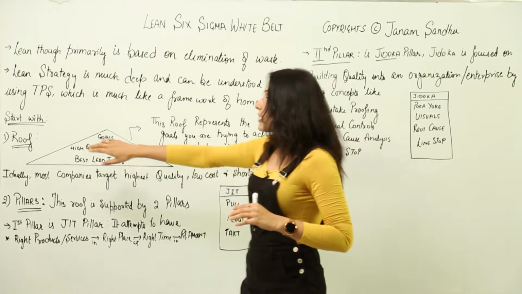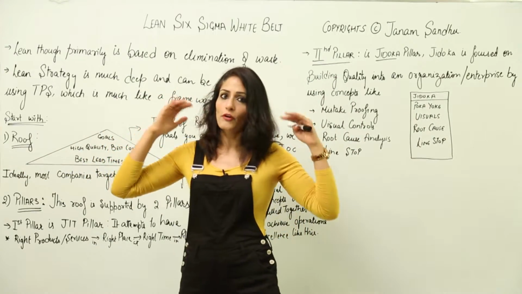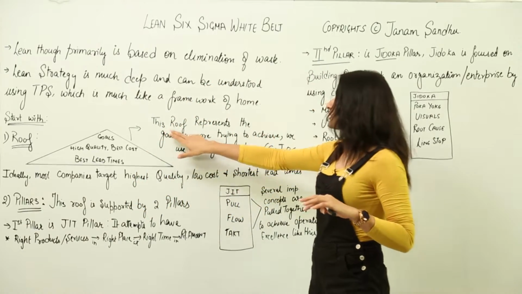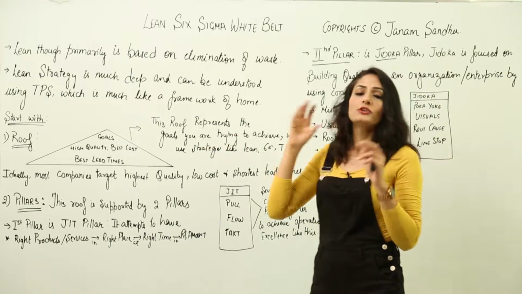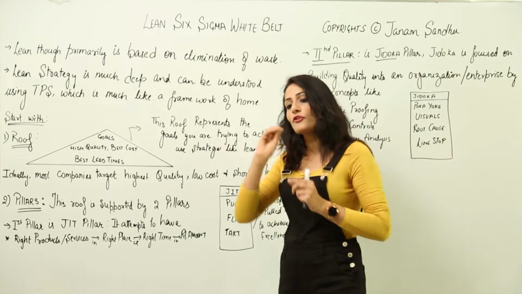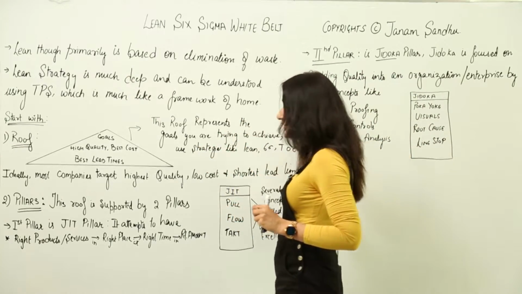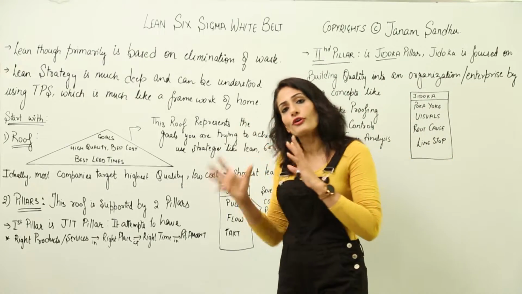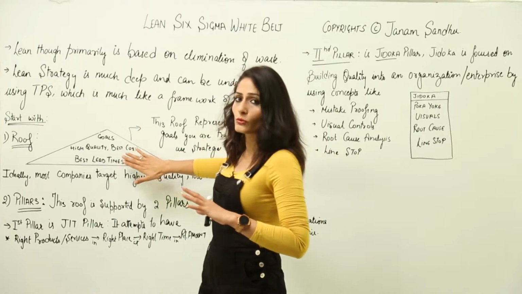So, first is the solid roof. We need a roof for our house, and what does this roof represent? This roof represents the goals your organization is trying to achieve, and we use strategies like Six Sigma, Lean, theory of constraints to achieve these goals, right.